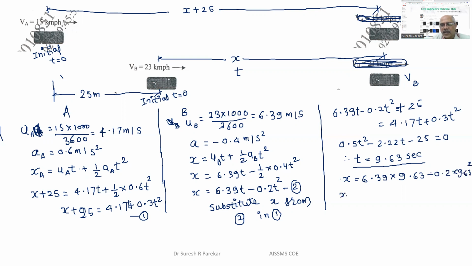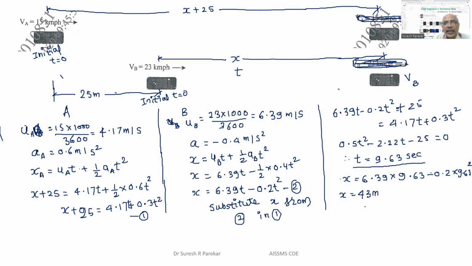I will just calculate it, and we have this value, 43 meters.